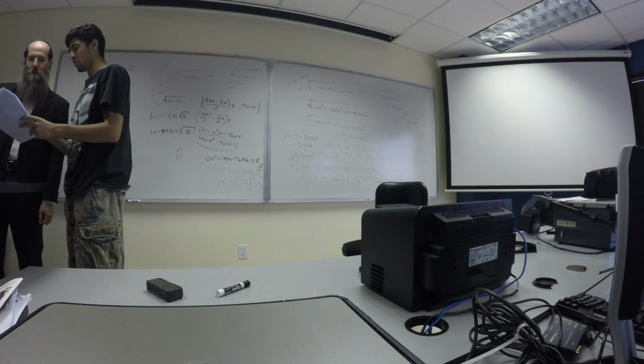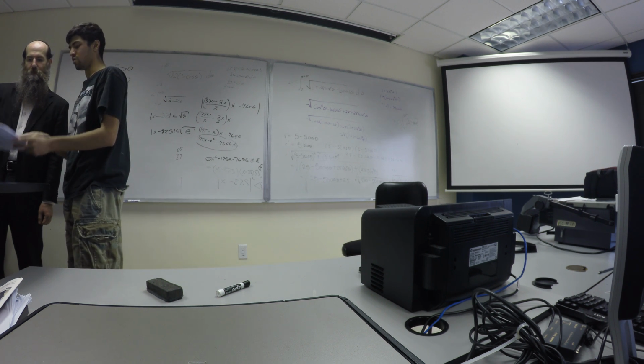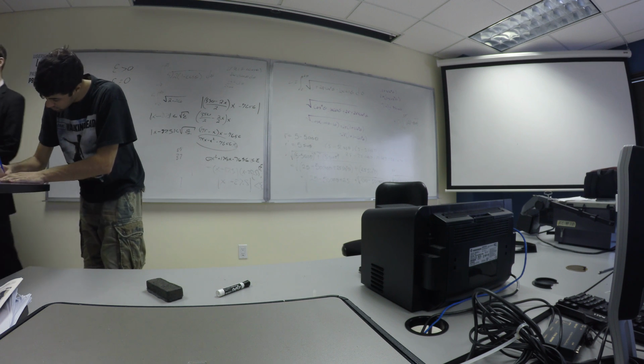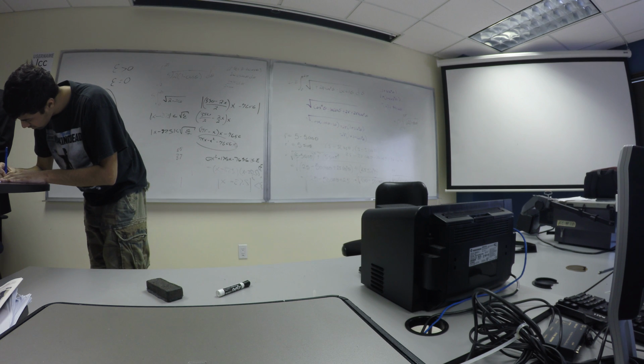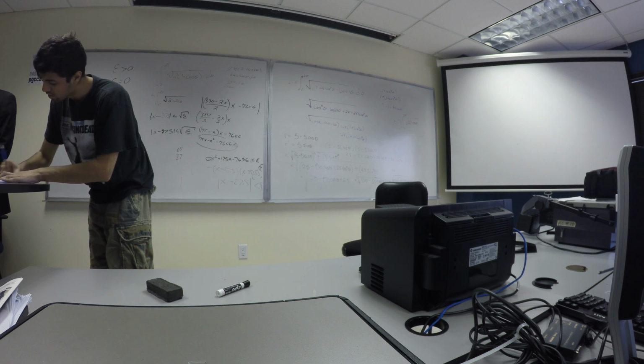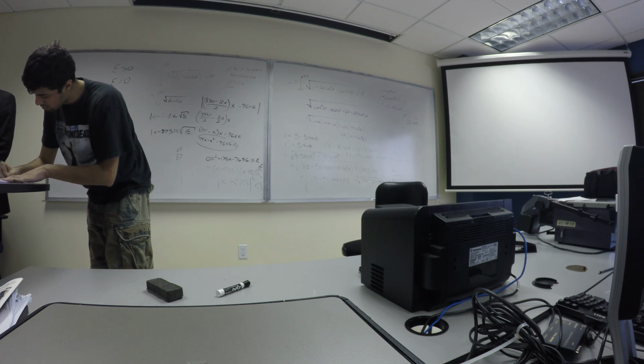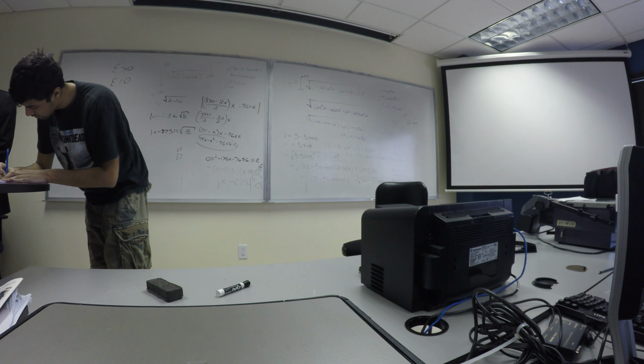Yeah, do simplify it, because you can divide by 2. That's the case, I'll just write x squared minus 179x.